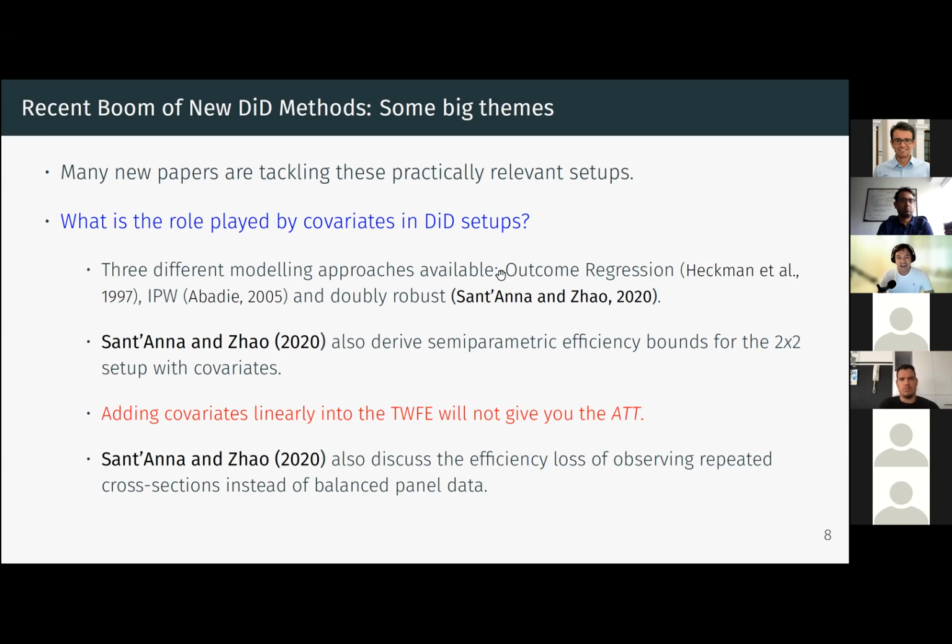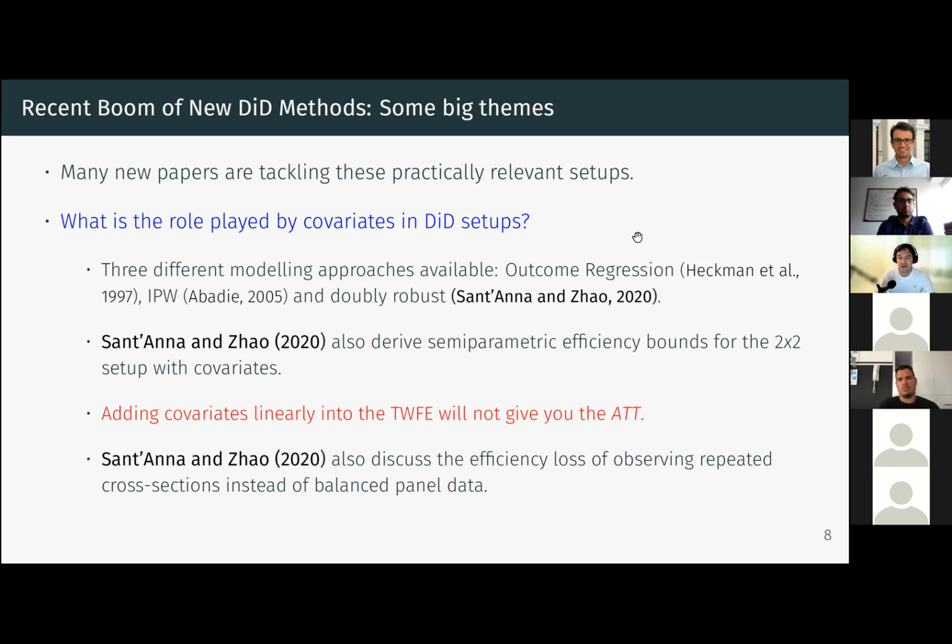So I have asked myself the same questions a million times, right? That's how I ended up writing this paper with June. So I have the outcome regression model. I have the IPW. Which one do I choose? They both recover the ATT. But if I have to pick one of them, how am I going to pick?